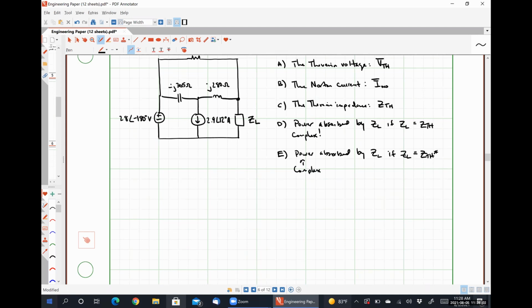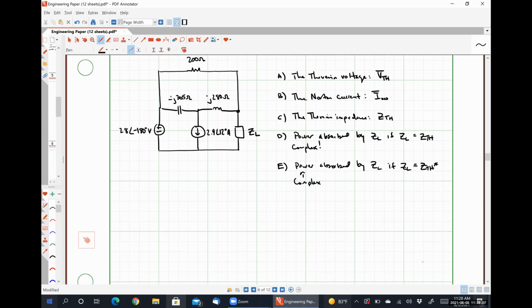All right. So, do any of you remember how to find the Thevenin voltage with respect to a circuit element? You create an open circuit between those two terminals, and then you do either mesh analysis or nodal analysis to get VTH.